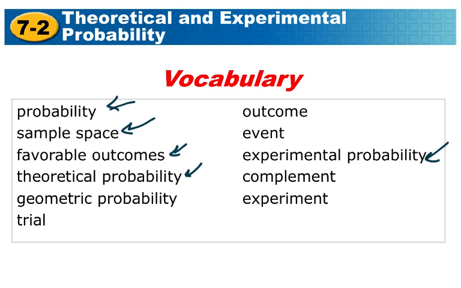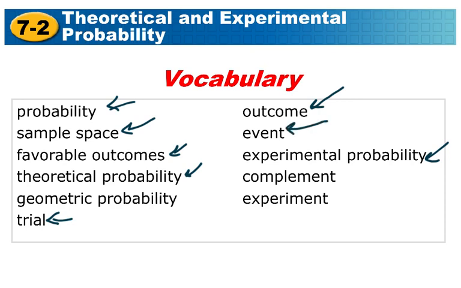Geometric probability is the one where we're talking about the shapes. Usually there's some sort of shaded region going to be divided by the total area. Trials are what we're talking about when we do a series of experiments. So each of the times that it's done is your trial. Outcomes are your results.